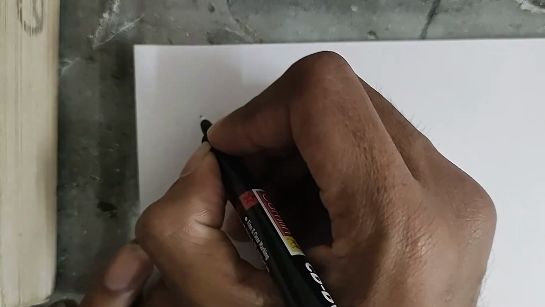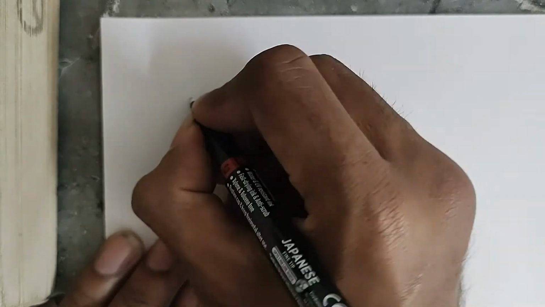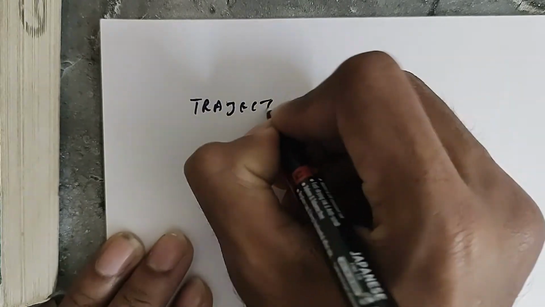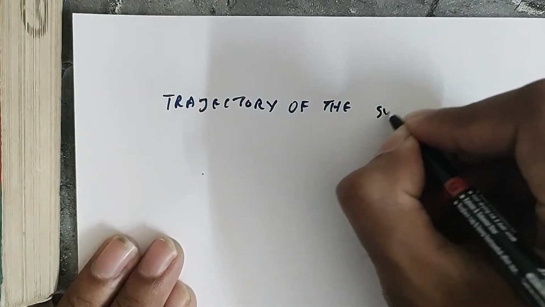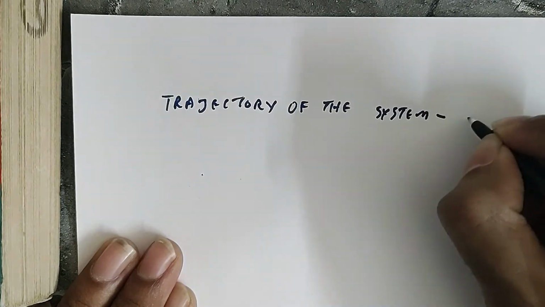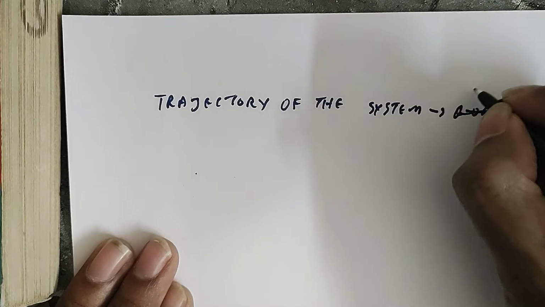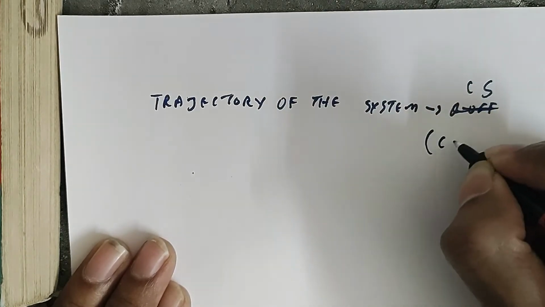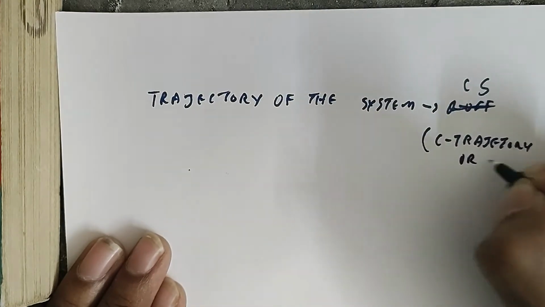Let me write it down. The trajectory of the system in the configuration space, what we call the C trajectory or the path.